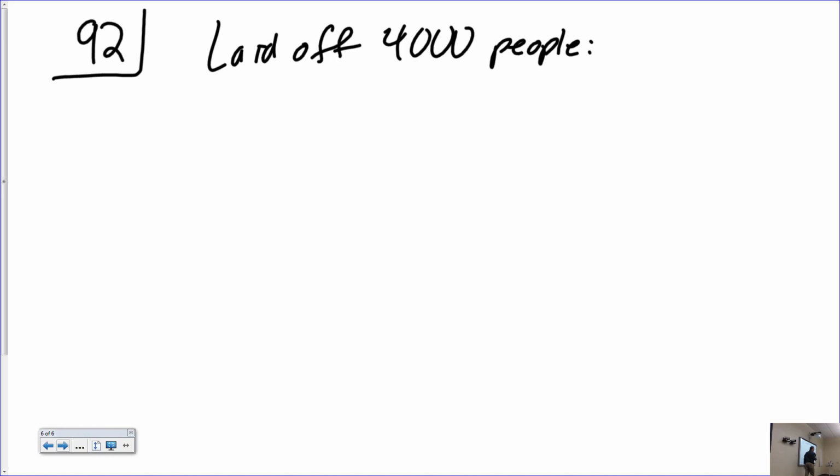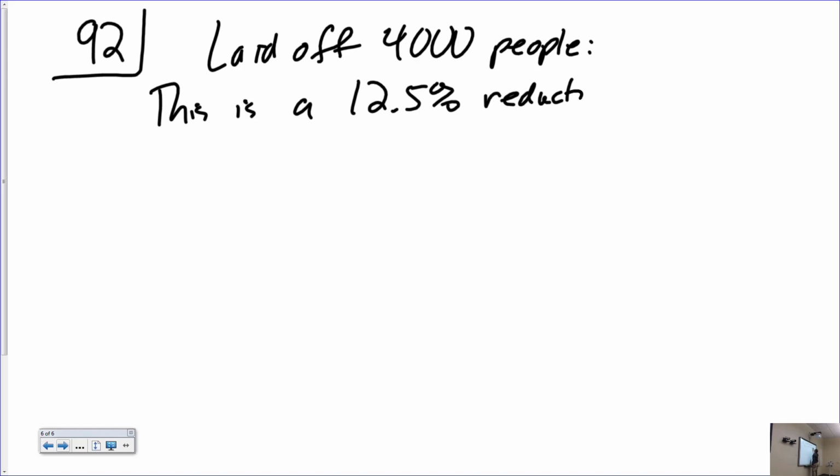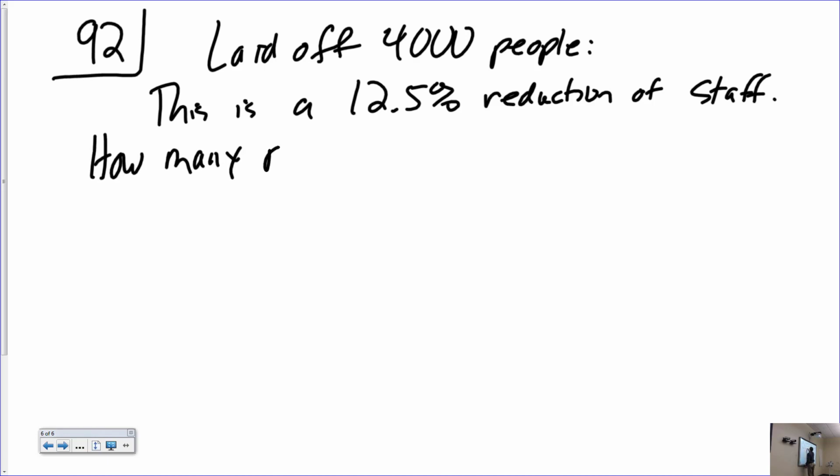Okay, cool. 12.5% reduction in workforce. This is a 12.5% reduction of staff. Okay? How many people after layoffs? How many people after the layoff?